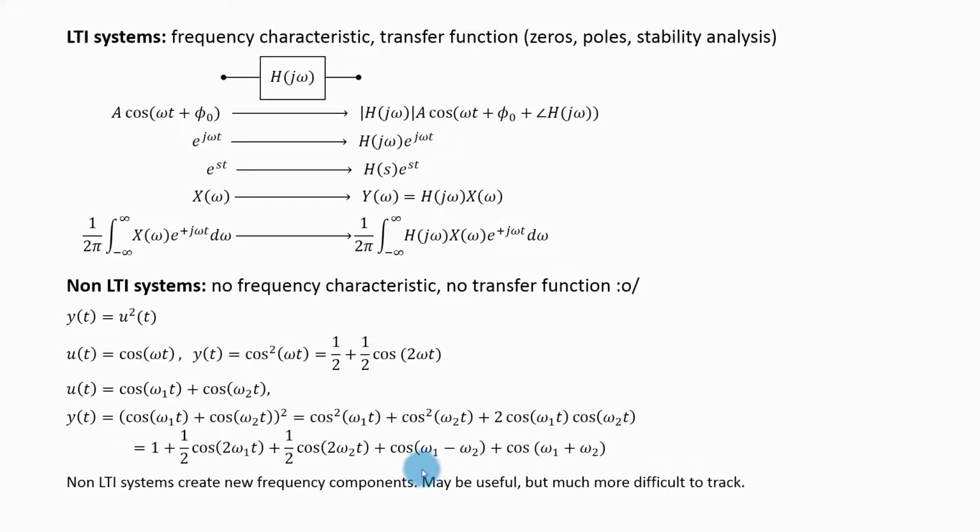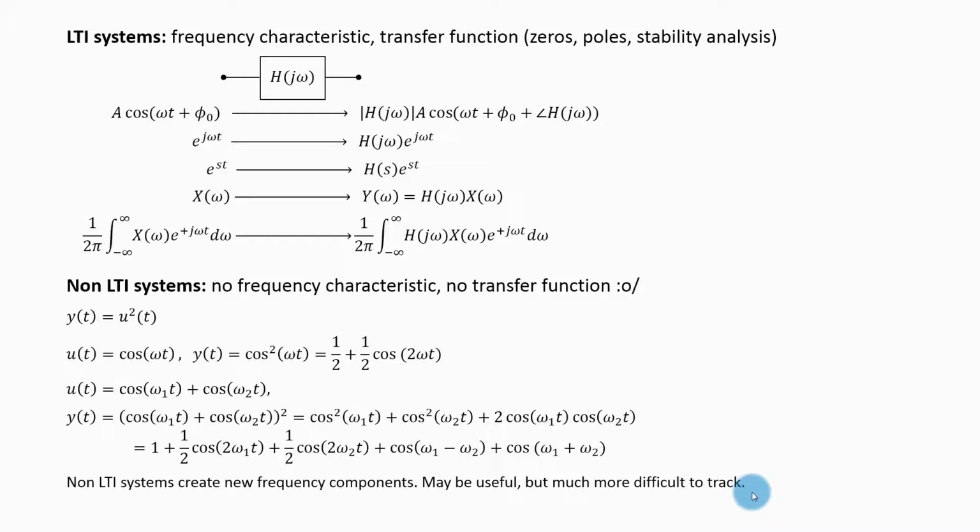This is not necessarily bad. In fact, we can utilize this behavior, for example, in modulation and demodulation, where we need to shift low frequency signals to high frequencies and vice versa. But in any case, especially for more complex signals, this behavior is considerably more difficult to track. So what do we do when we encounter a nonlinear system?